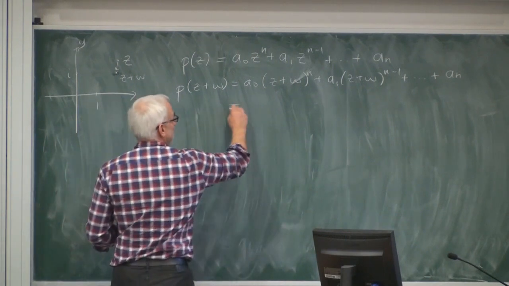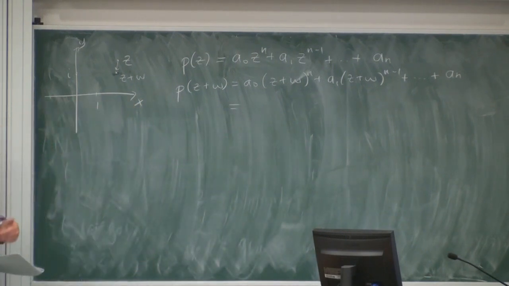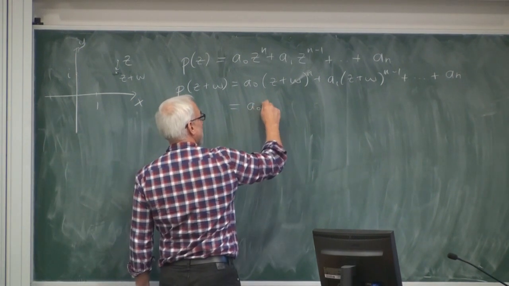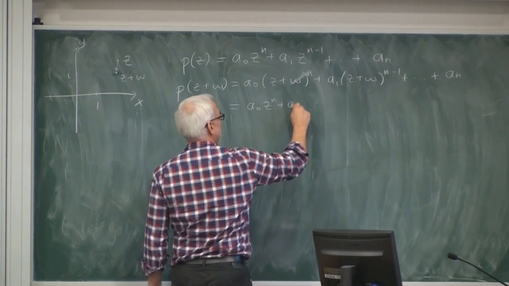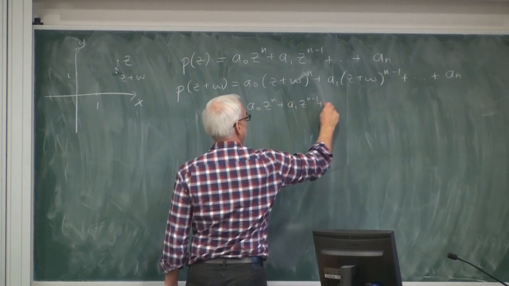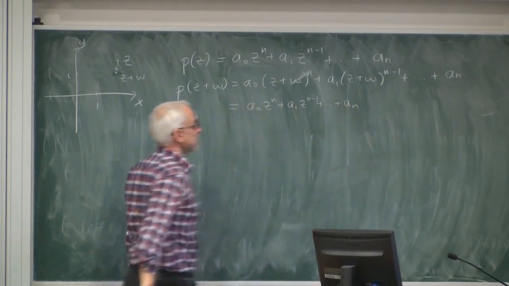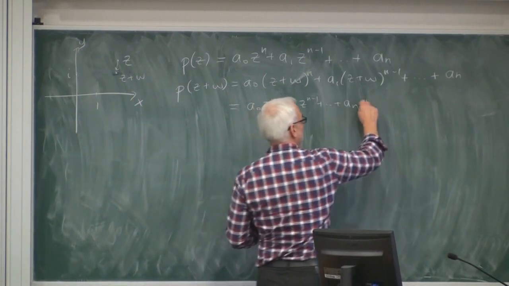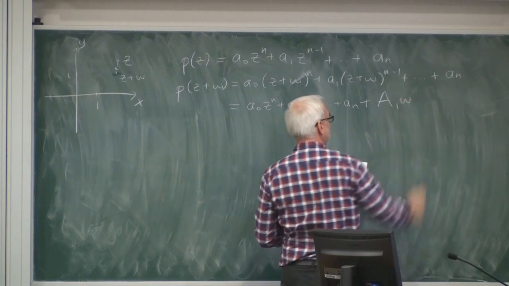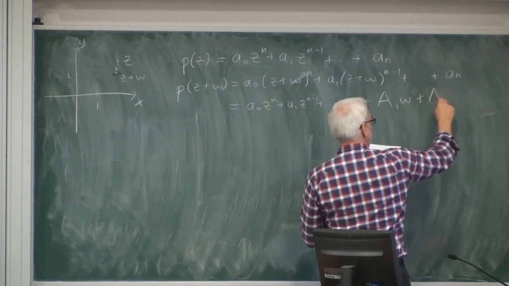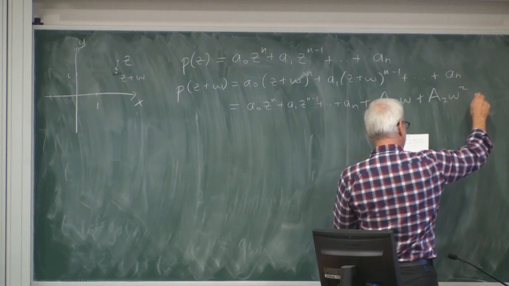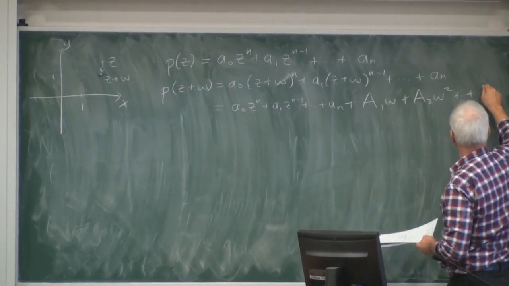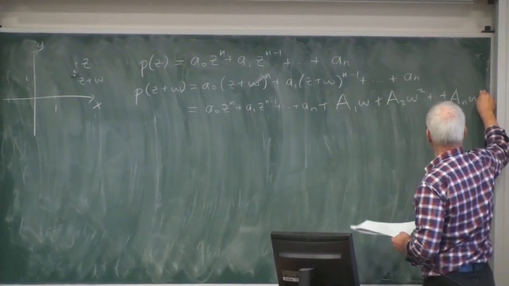Now we can write this out in terms of its dependence on W. So all the things that don't involve W: A0 Z to the n, A1 Z to the n minus 1, all the way down to A n. And then there will be something, I'll just write it capital A1 times W, and then something capital A2 times W squared, and so on all the way up to the highest power of W that will appear as W to the n, so I'll have a capital A sub n W to the n.